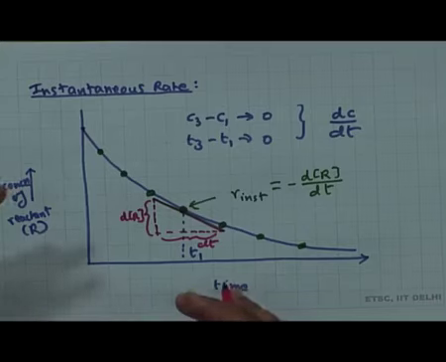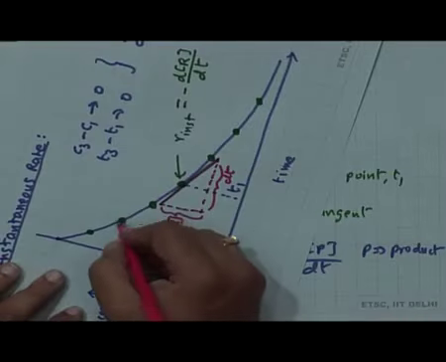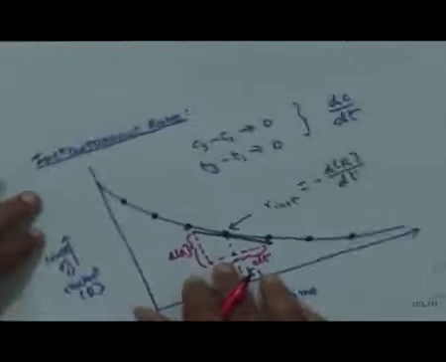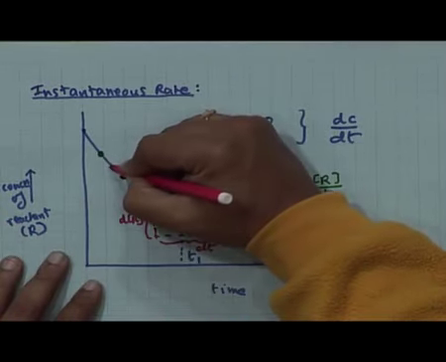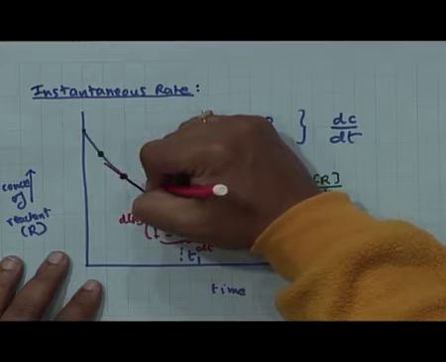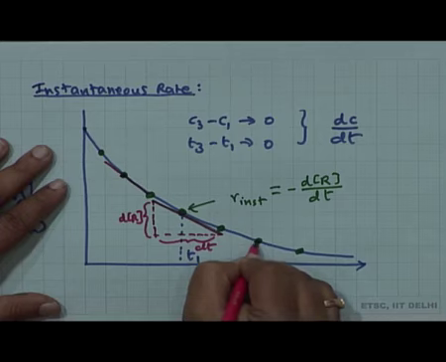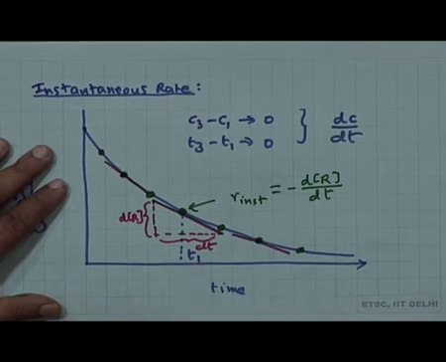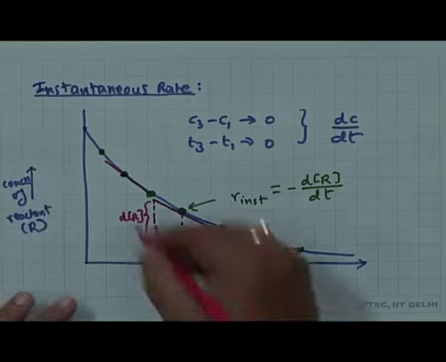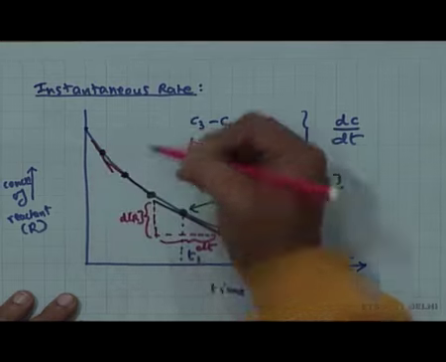Based on this, you can understand that I can have instantaneous rates at many points. If you want the rate at this point, you draw a tangent at this point, or if you want it at this point, you draw a tangent at this point.